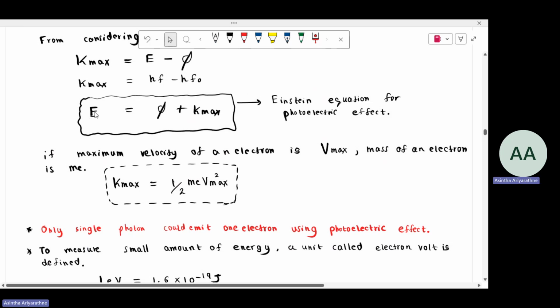The energy of a photon is equal to the work function, which is the energy required to break the bond and depends on the metal, plus the maximum kinetic energy gained by the electron.